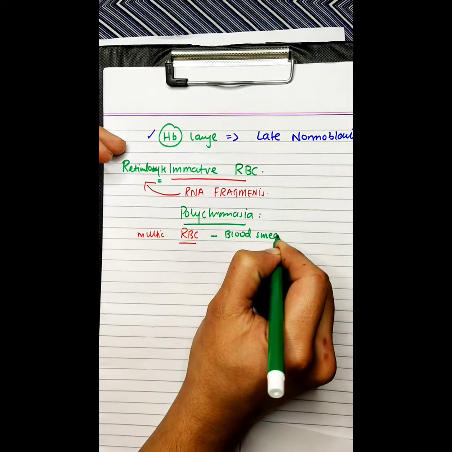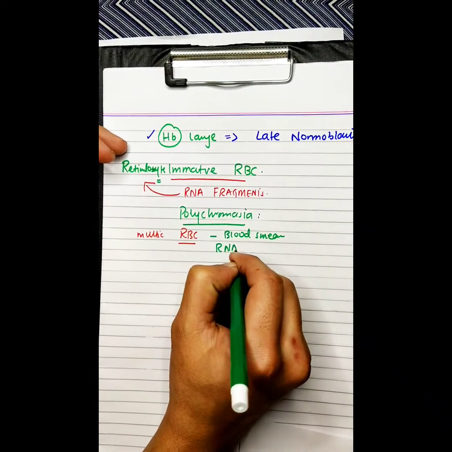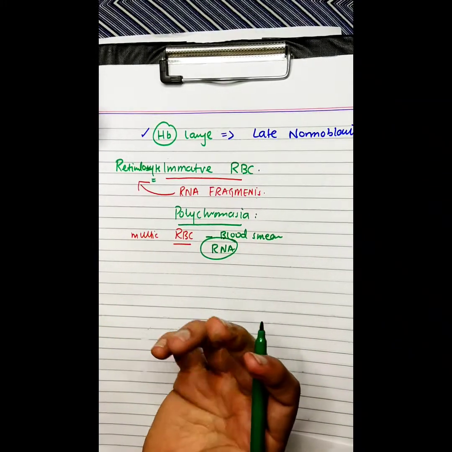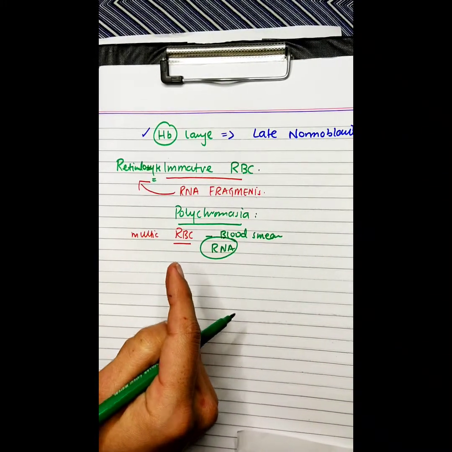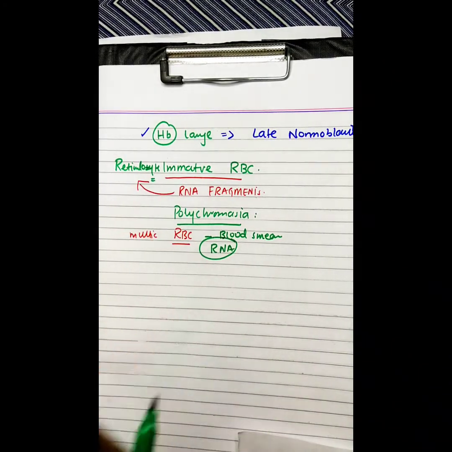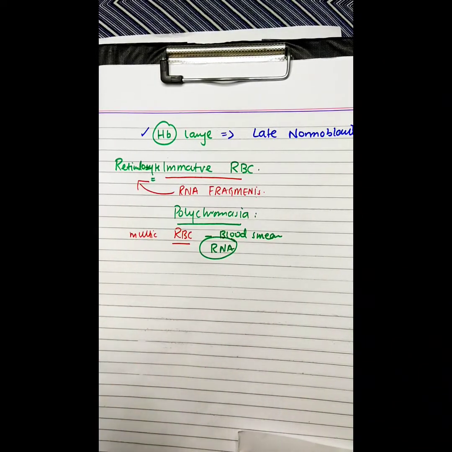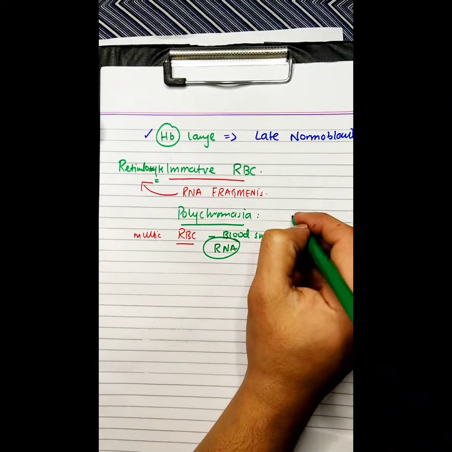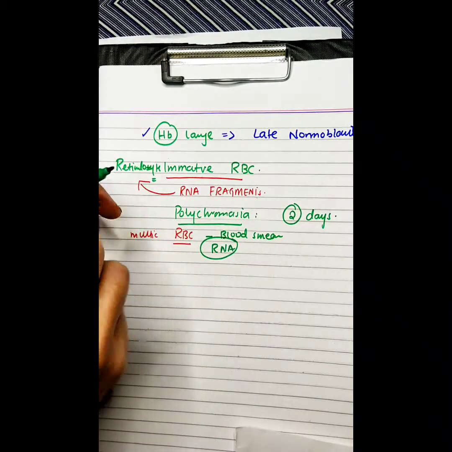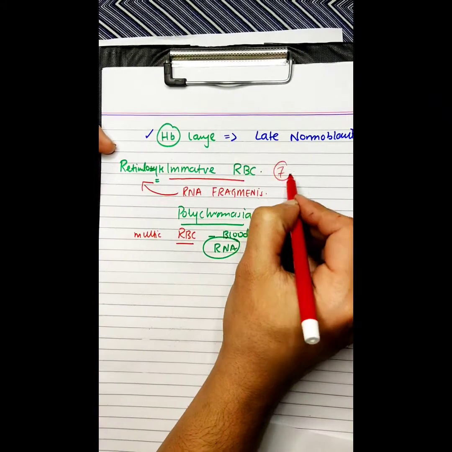And this is because of your RNA fragments. So in immature RBC, the RNA fragments, reflected in the reticulocyte count, will be raised. It takes 7 days to form an RBC.